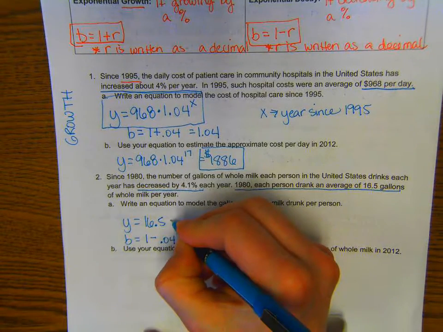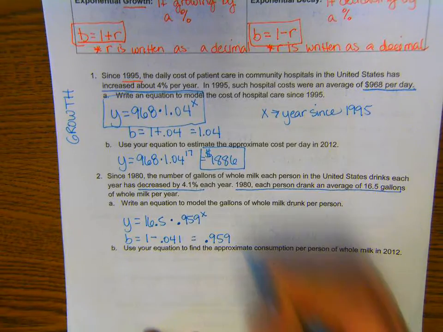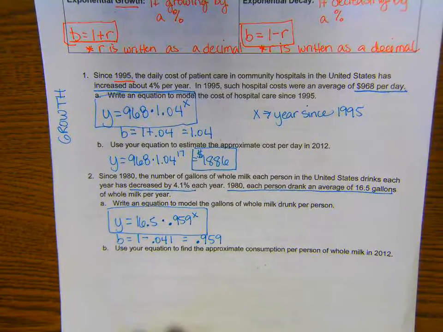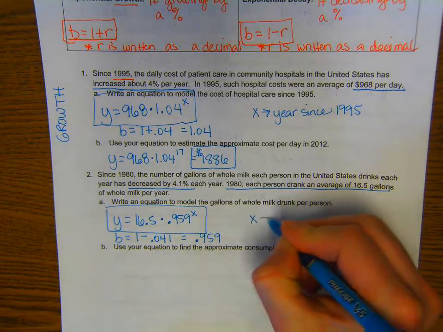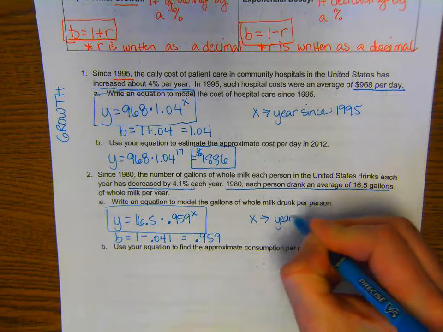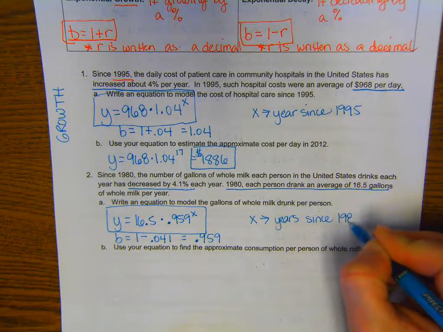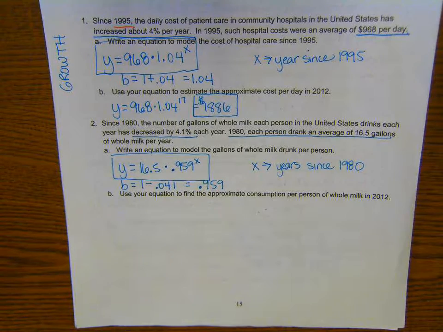So I'm going to put that up here, to the x power. So here is my equation that models the number of gallons of whole milk drunk by each person. And again, x is years since 1980. Okay, part B. Use your equation to find the approximate consumption per person of whole milk in 2012.